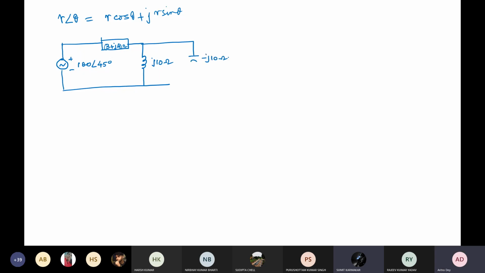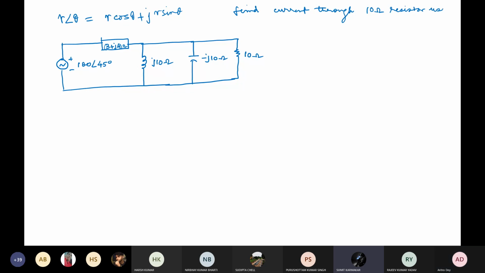This is capacitive reactance. 10 ohm. You have to find the current through the 10 ohm resistor using Thevenin, and verify with Norton, say.